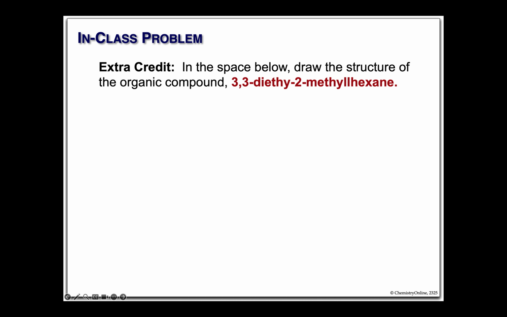We start at the end of the word with hexane. Hexane, 6 carbons. So we start off with a zigzag with 6 carbons. 1, 2, 3, 4, 5, 6. We are going to define one end, doesn't matter which one, as carbon number 1.